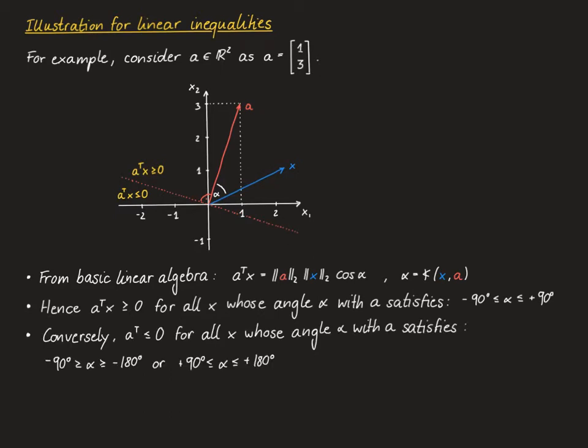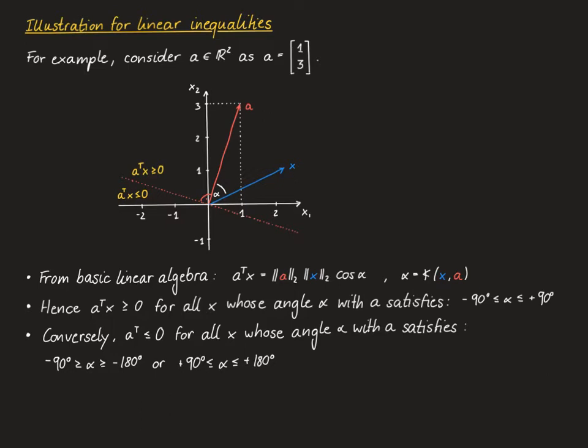Conversely, the inner product of a and x is less than or equal to 0 if the angle between these two vectors is somewhere between minus 90 and minus 180 degrees, or between plus 90 and plus 180 degrees. And if we again use our perpendicular line here, then this is exactly the area below this line or on this line.